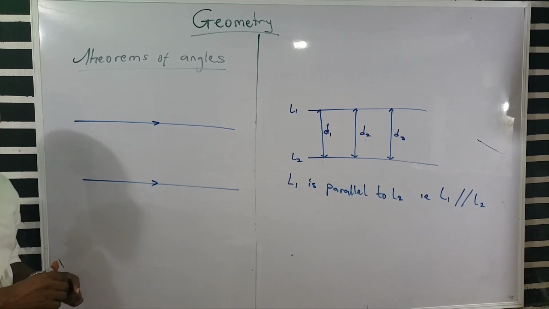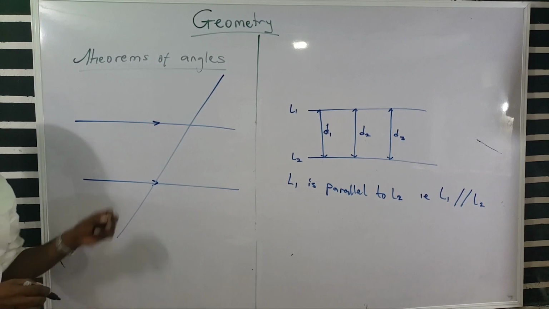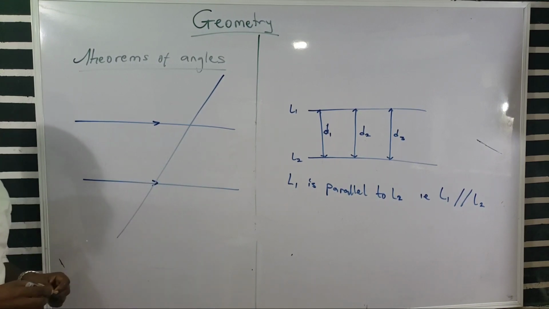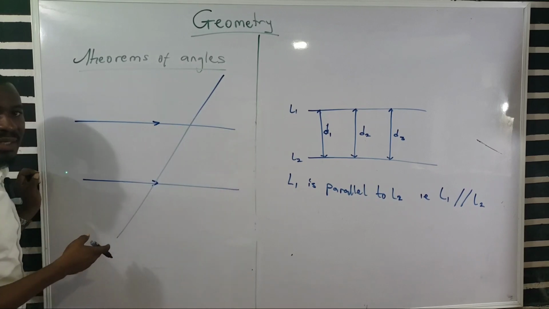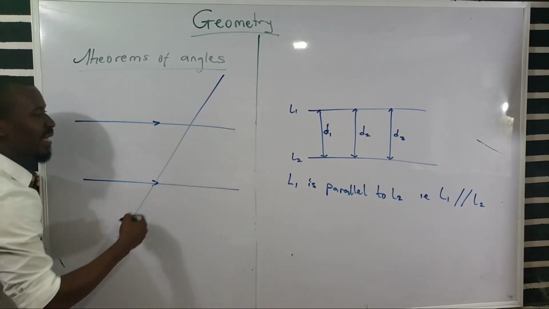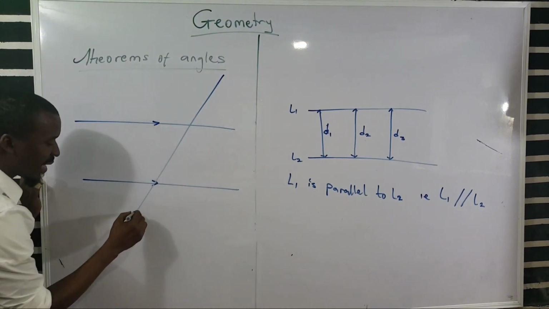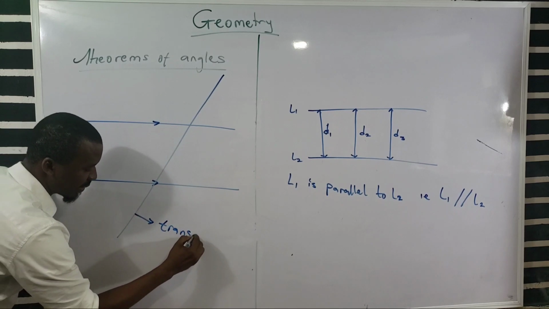Now, what of when you draw a line that cuts the two parallel lines? So any straight line that passes through two parallel lines is called a transversal line.